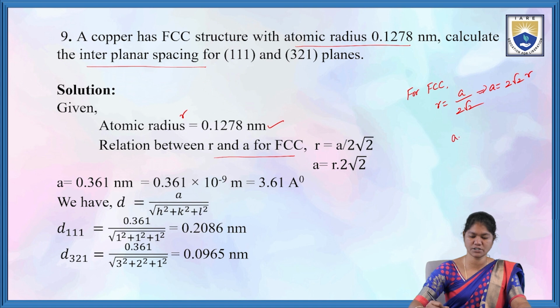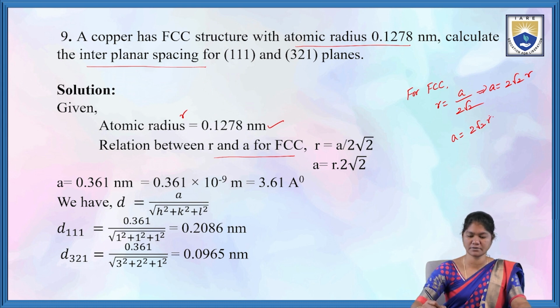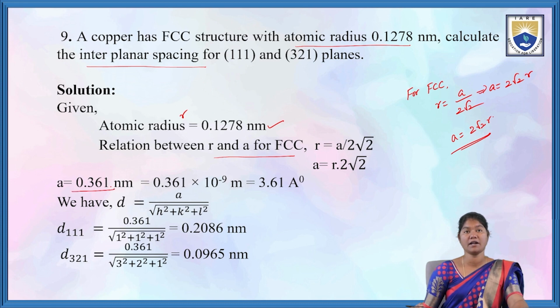So A equals 2 root 2 into R. Here then we have the value A equals 0.361 nanometers.